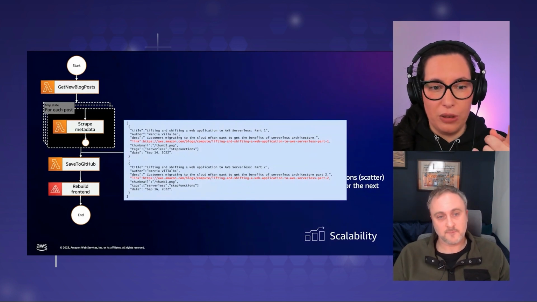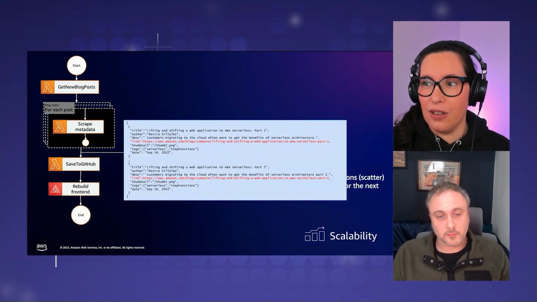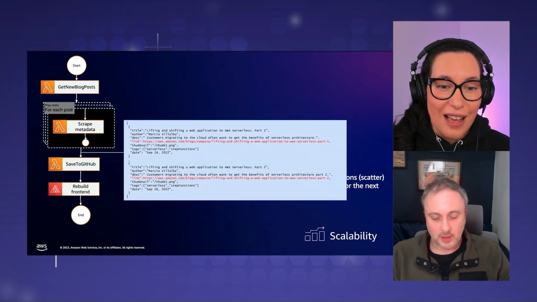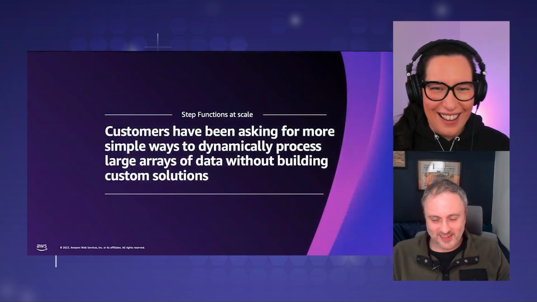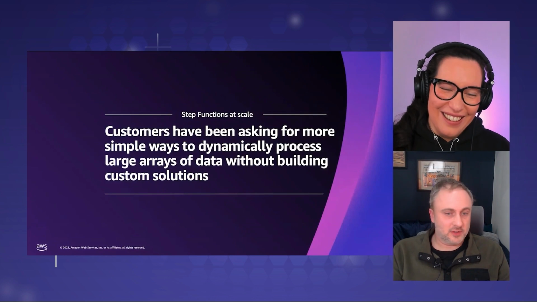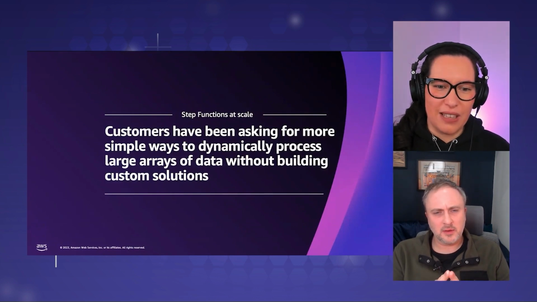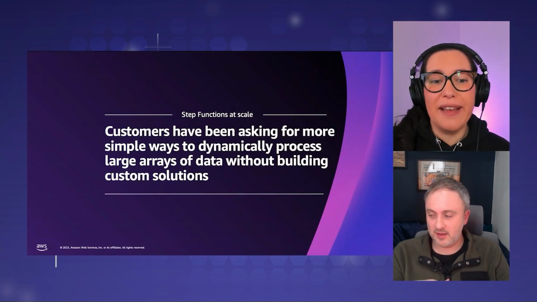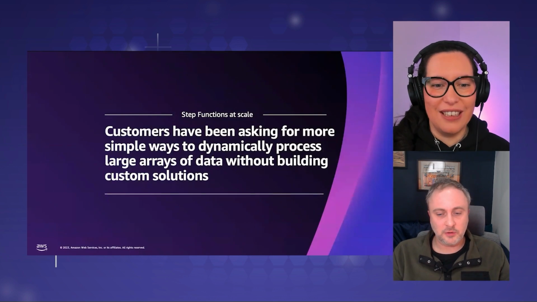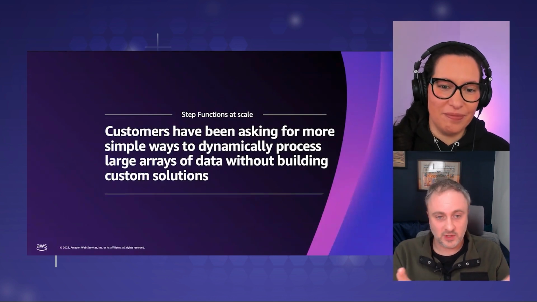Yeah. And now you're doing here 40, but I think you're next going to 10,000. Yeah, exactly. So that map state, which still exists, it's now called, what's it called now? I think it's just called map state. And the other one is the distributed map state. It's called the inline map state, I think it is. Okay. Yeah, so that allows you to get a concurrency of about 40 items.